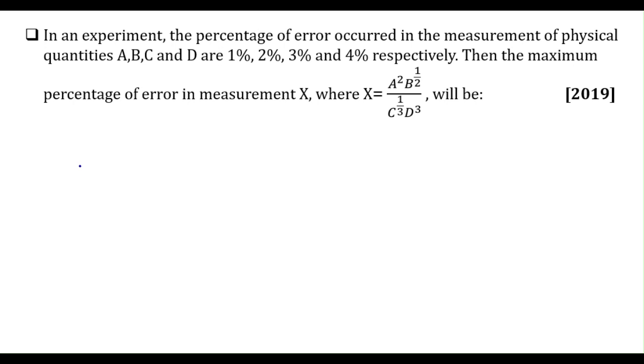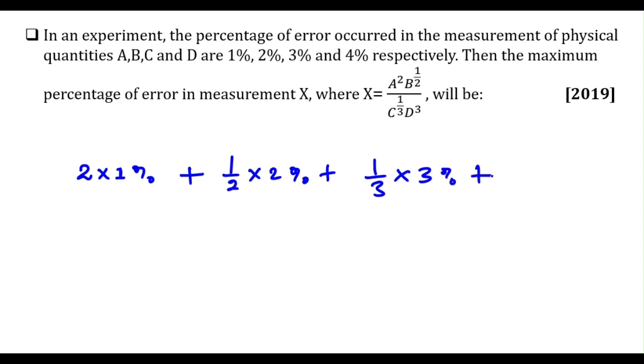To get the maximum percentage of error in measurement X, we have to take the error coming from A, which is 1% along with its power. This is the way to check how the error will be propagated. And here we have 1 by 2 into 2% plus 1 by 3 into 3% plus 3 into 4%.